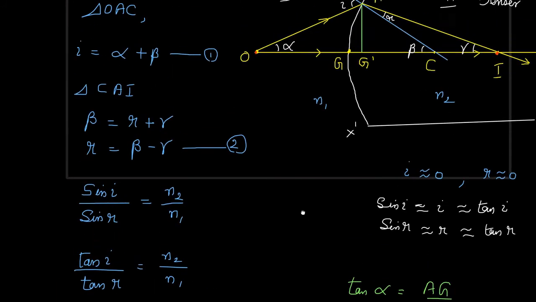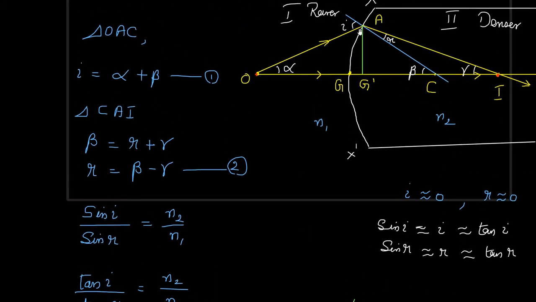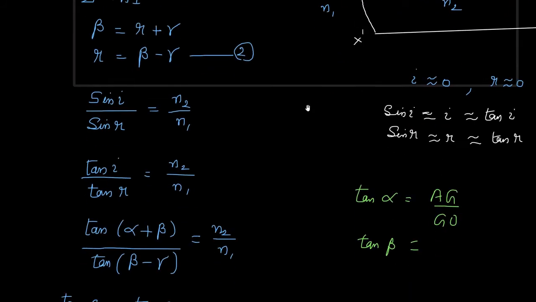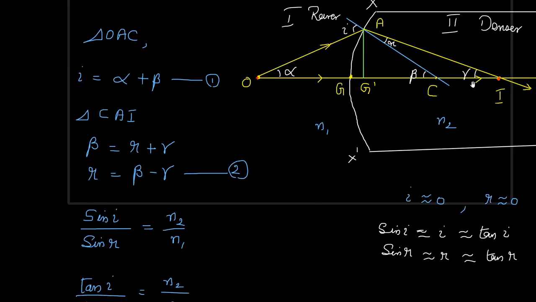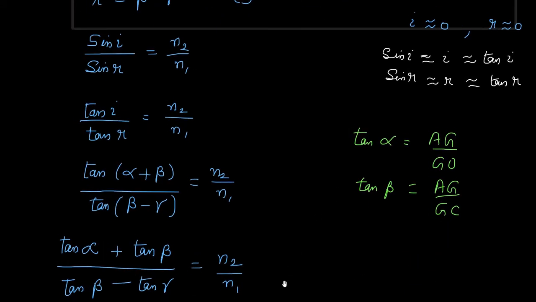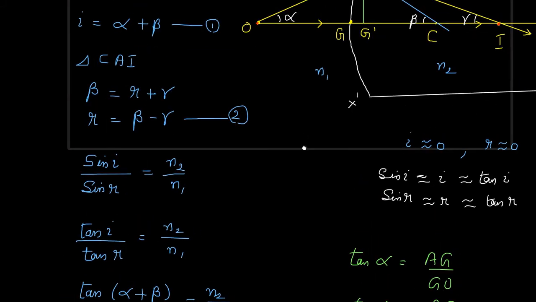Tan beta from the figure is, if we consider this triangle, AG divided by GC. So tan beta is AG by GC. What about tan gamma? Tan gamma is AG divided by GI. Now let us see what is GO, GC and GI.